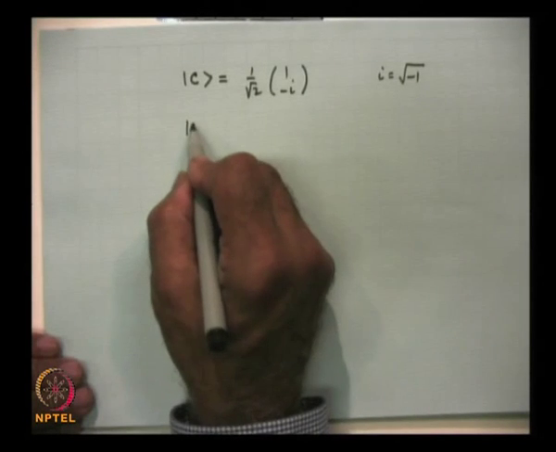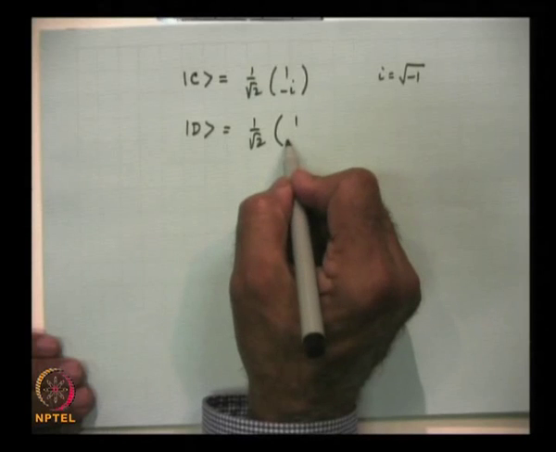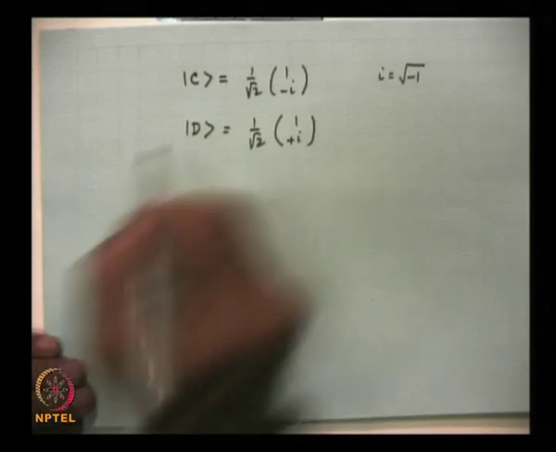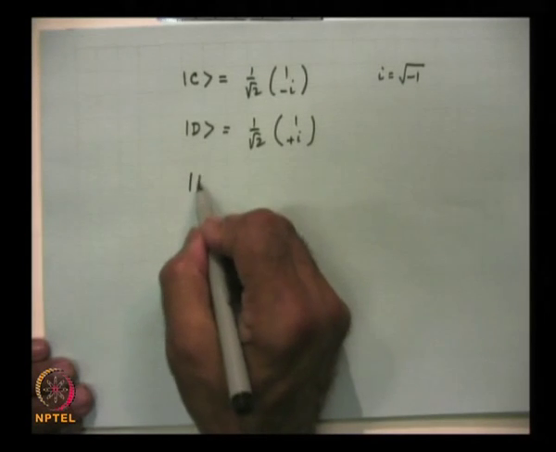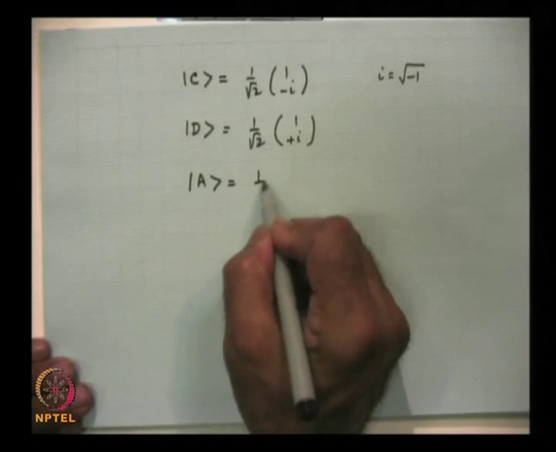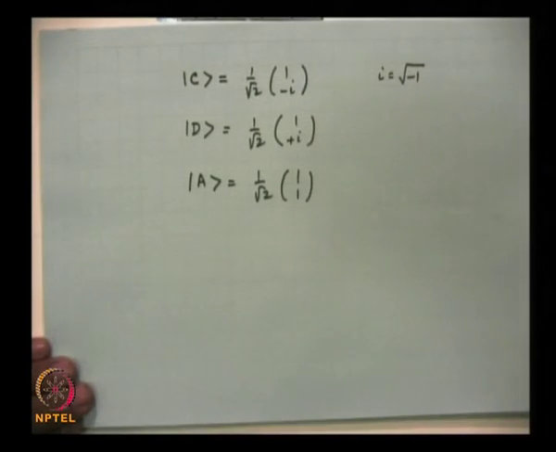If I take another ket D equal to 1 over root 2 times 1 plus i, then this and this are orthogonal to each other. But if I take a ket A which is 1 over root 2 times 1 1, then that is not orthogonal to either of these vectors.